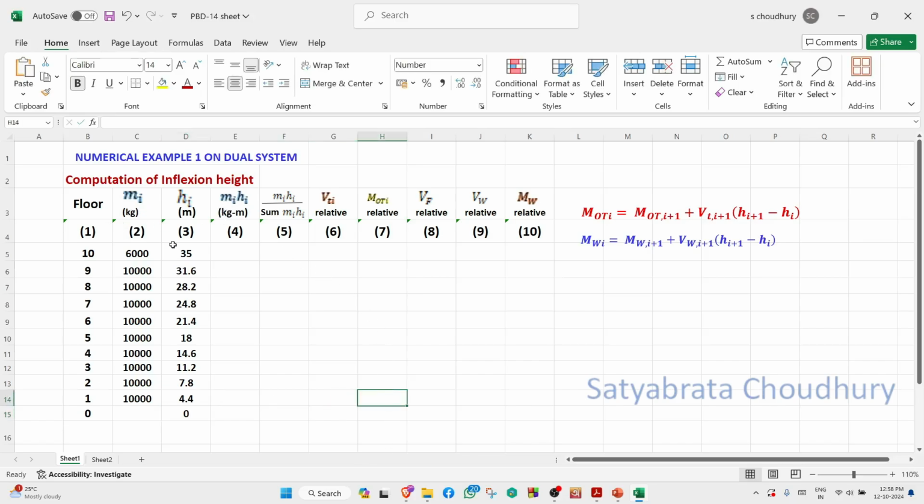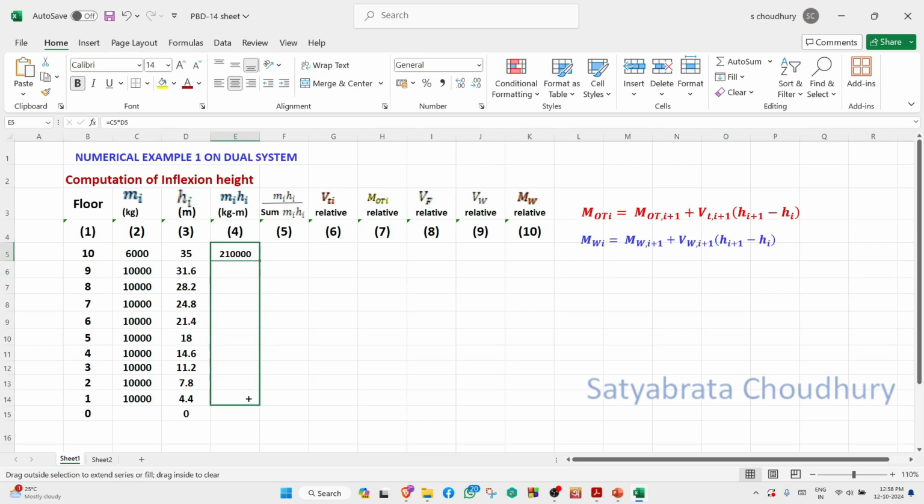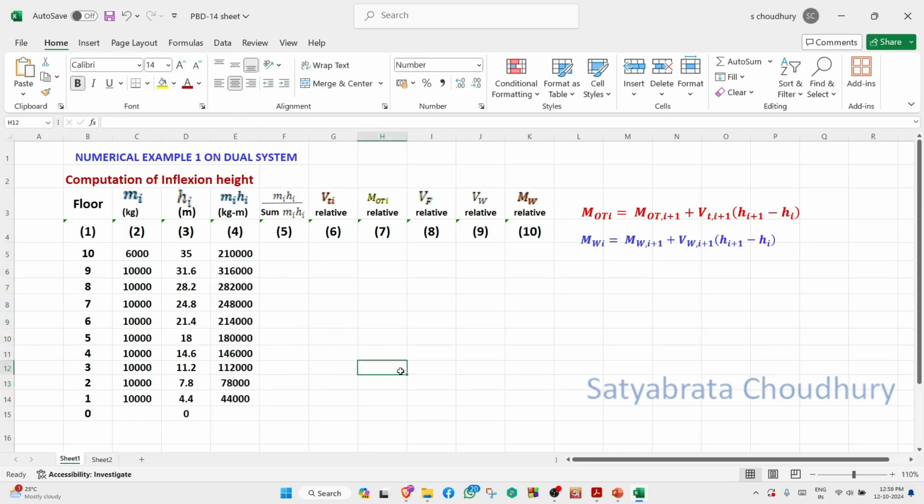Now we have to take the product of these two, so equal to mass product height, and we can drag this downward and get all the values. You can increase the size. This is the MIHI product, and here you have to take MIHI divided by the sum.